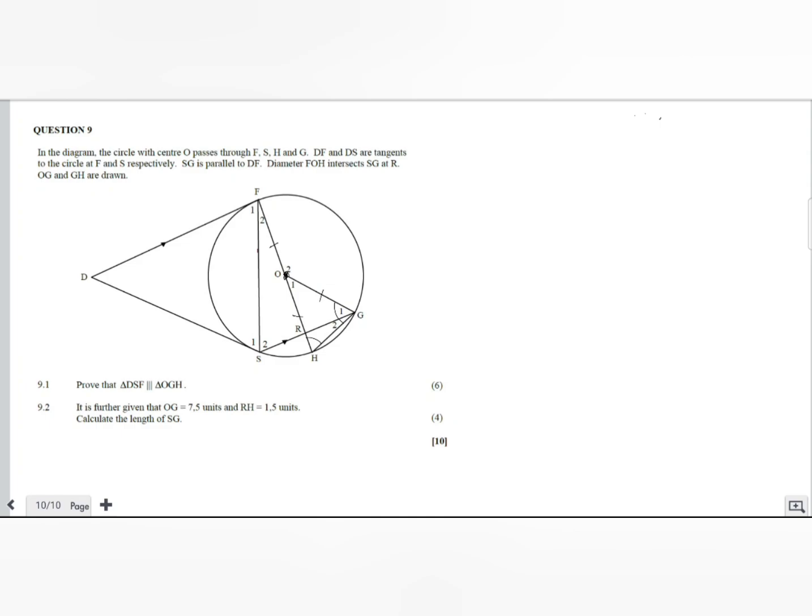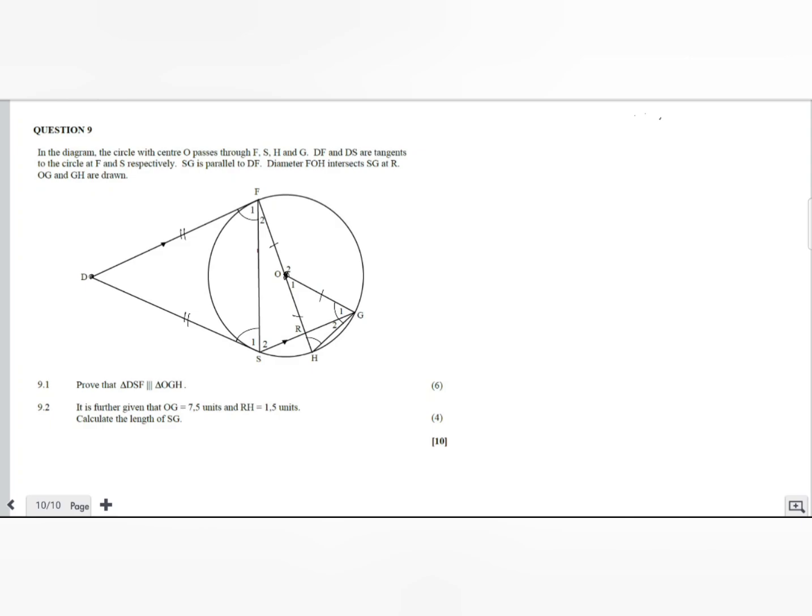So DS and DF are tangents from the same point to the points of contact F and S. They are equal in length, which means DF is equal to DS, which means these two angles are equal. That is an isosceles triangle, isn't it? DFS is an isosceles triangle. So we got that one also.